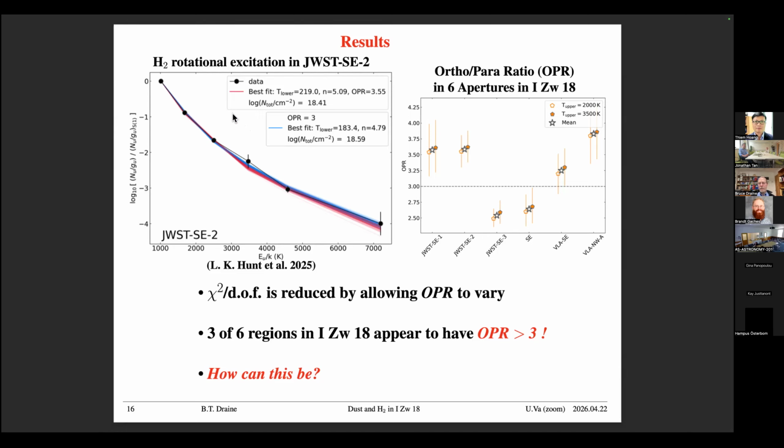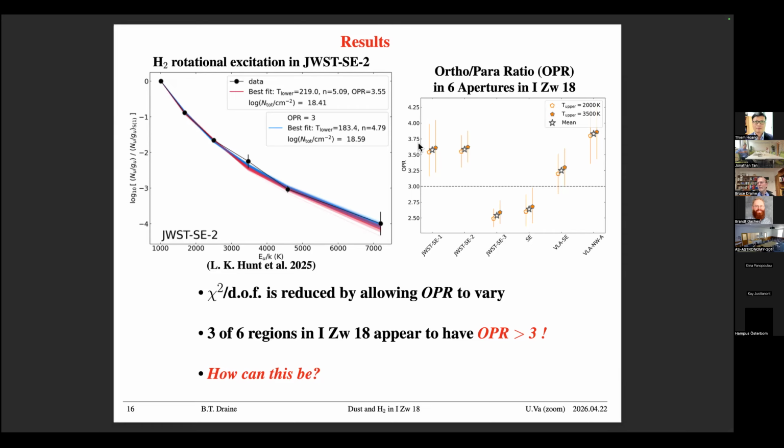But it turns out that you get a better fit if you give yourself one more degree of freedom to adjust. And then you can reduce the chi-squared per degree of freedom in the data by allowing yourself to vary the ortho-para ratio.